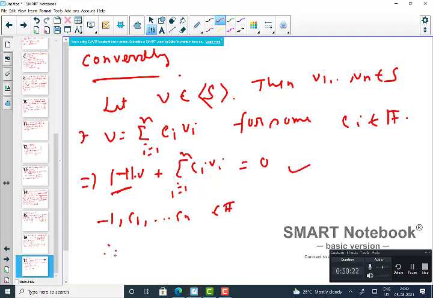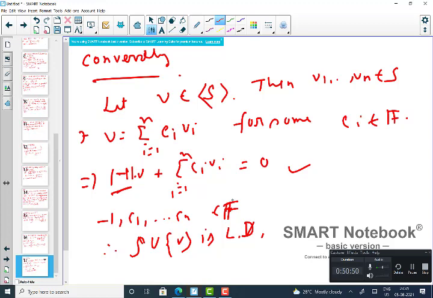So that means the set S union {v} is linearly dependent, because you have a collection v1, v2, up to vn and v such that the combination is 0 but the constants are not all 0, right? That is the proof.